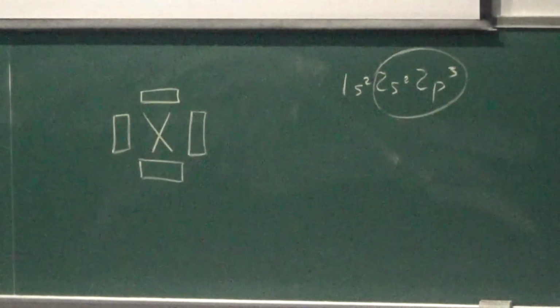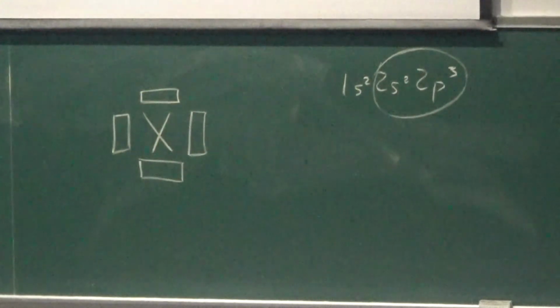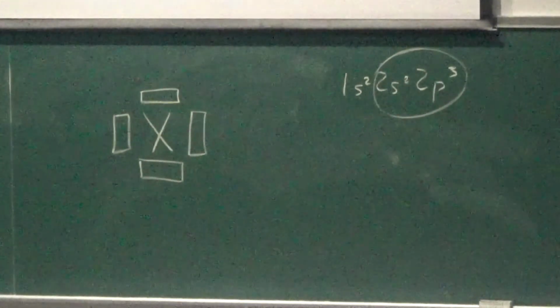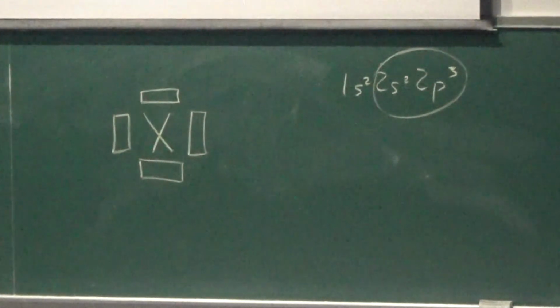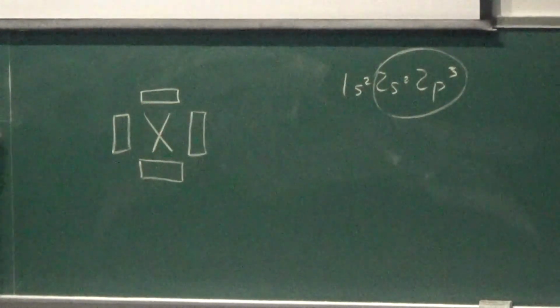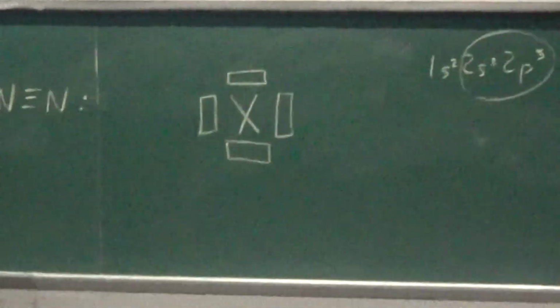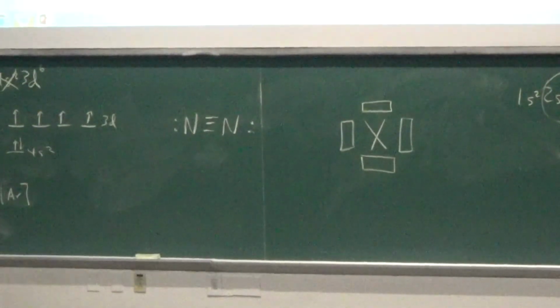The reason I don't care, and the reason it doesn't matter, is that when atoms form molecules, all the electrons go into the pool of the molecule. So when we make a nitrogen molecule, we'll see later on how you get to this. All of the electrons that are involved in that nitrogen molecule are in the molecule.